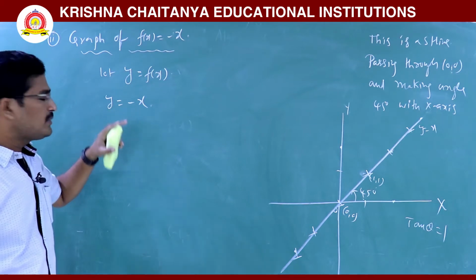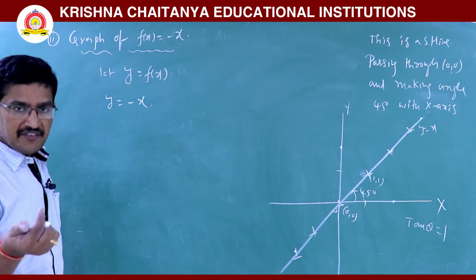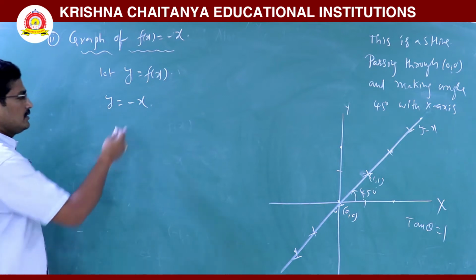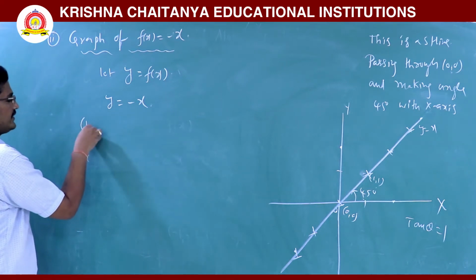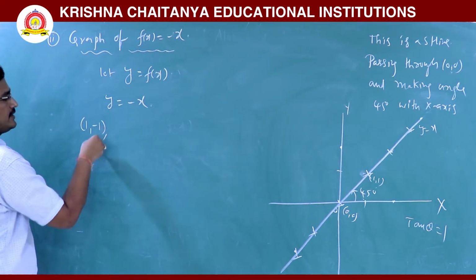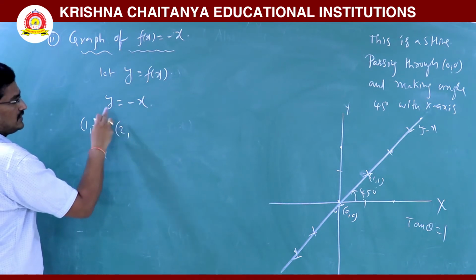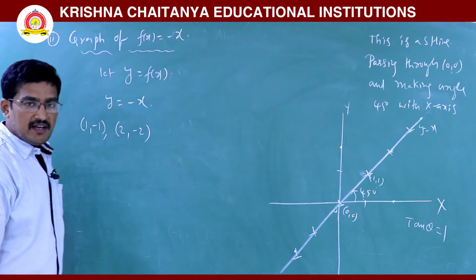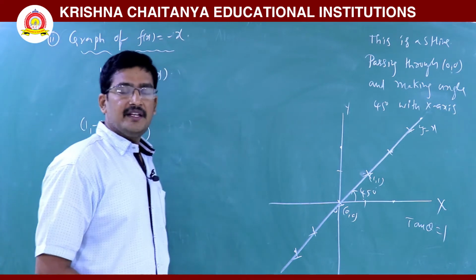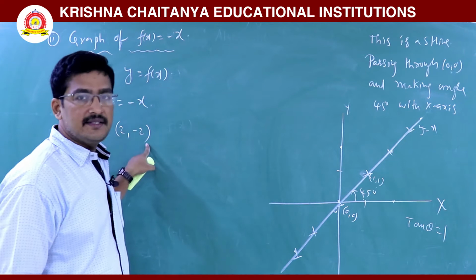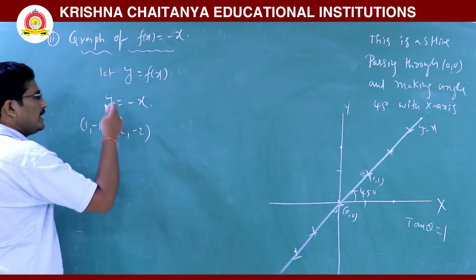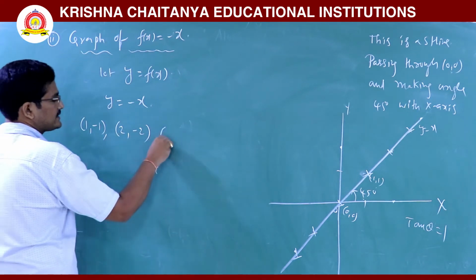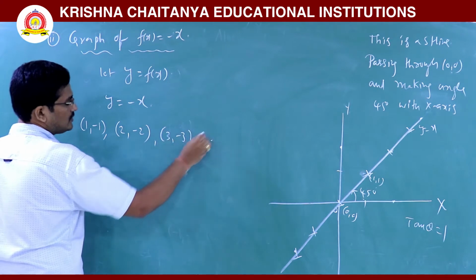So what are the points formed on this line? To get the points on that line, put x equals 1, then y value is minus 1. Put x equals 2, then y is minus 2. Put x equals 3, then y is minus 3. If abscissa is positive, then ordinate is negative. So a point on this line is of the form 3 comma minus 3 and so on.